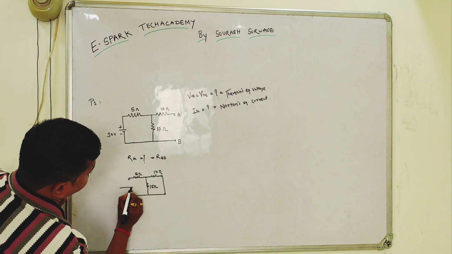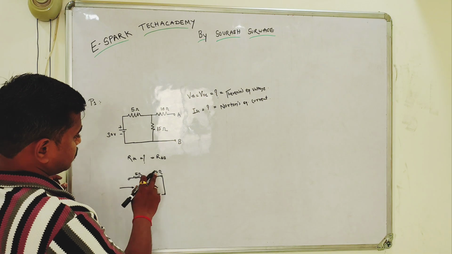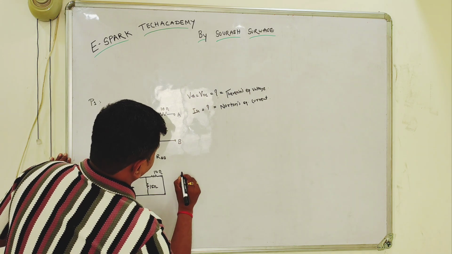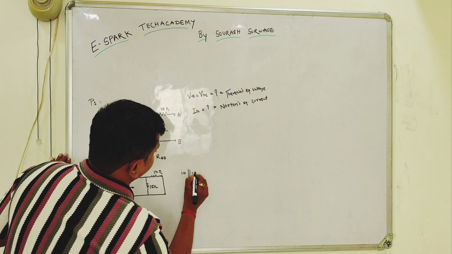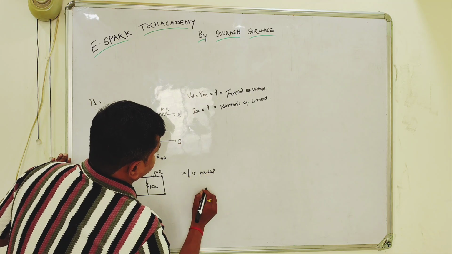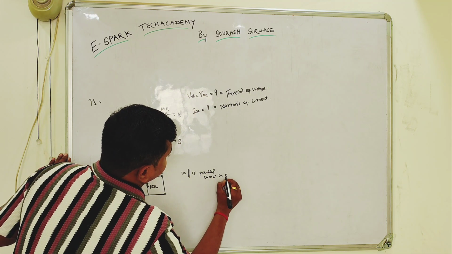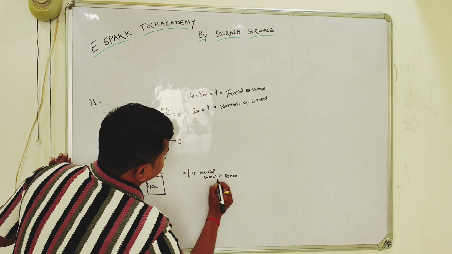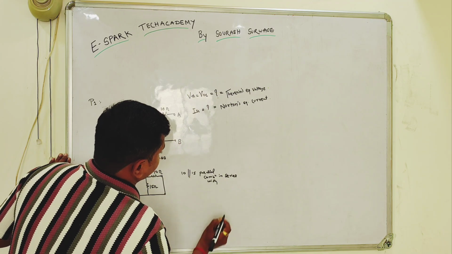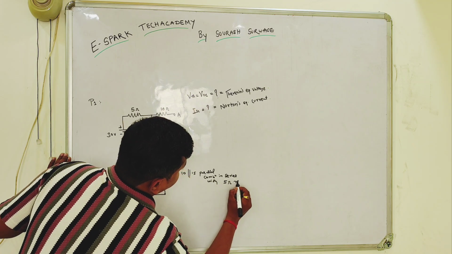You will be looking from this way, that's why these two resistors will be in parallel, the 10 ohm with 15 ohm parallel combination, in series with the 5 ohm resistance.